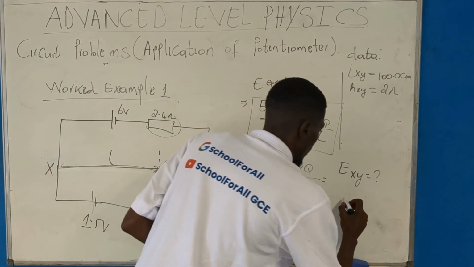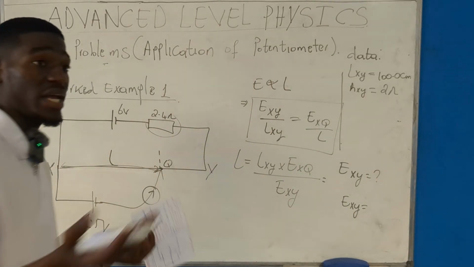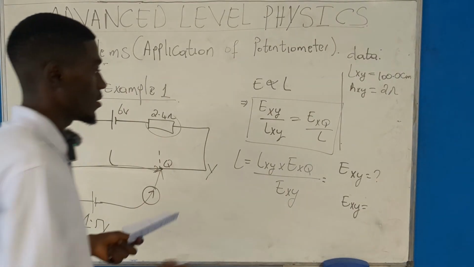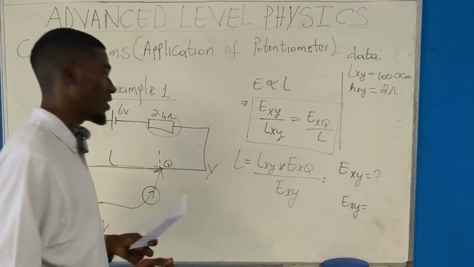So, without wasting time, my EXY will simply equal applying potential divider. Those that don't know how to apply potential divider should go and watch our previous video.